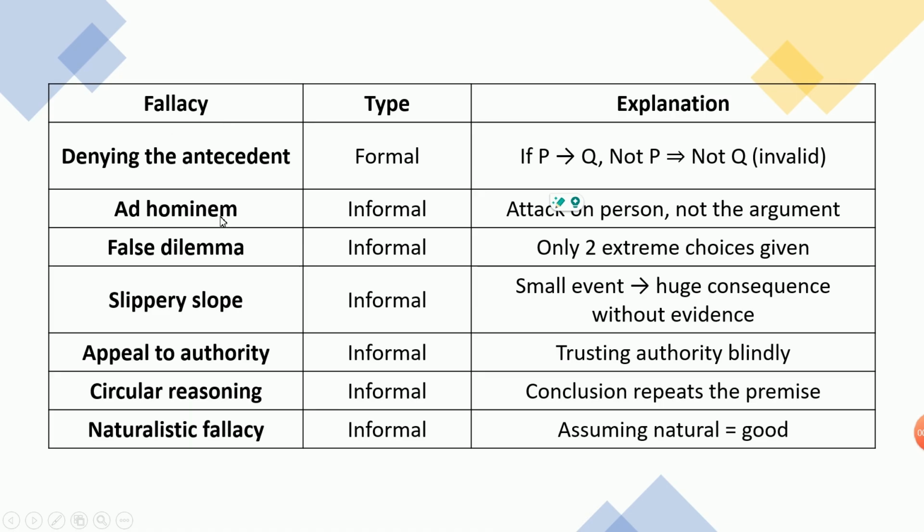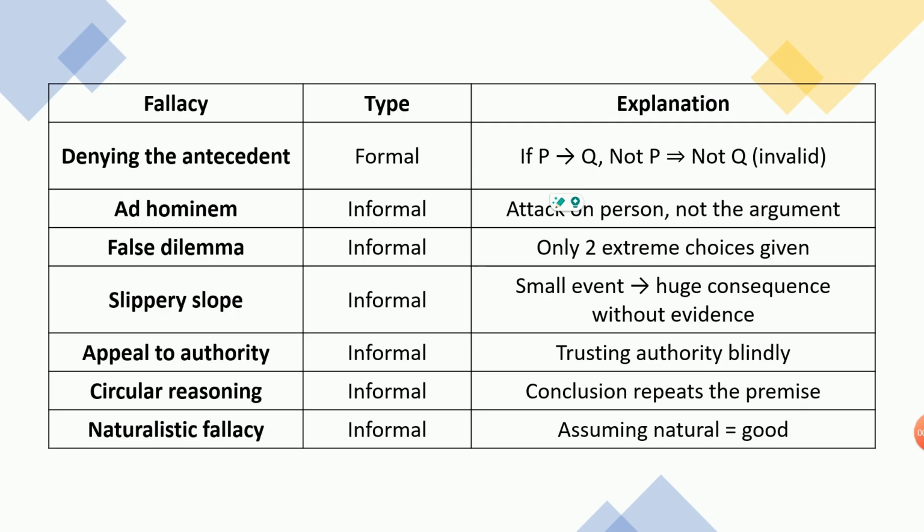Next, ad hominem. It is an attack on the person, not the argument. When a person says something, instead of taking up that argument, you are focusing on the person.